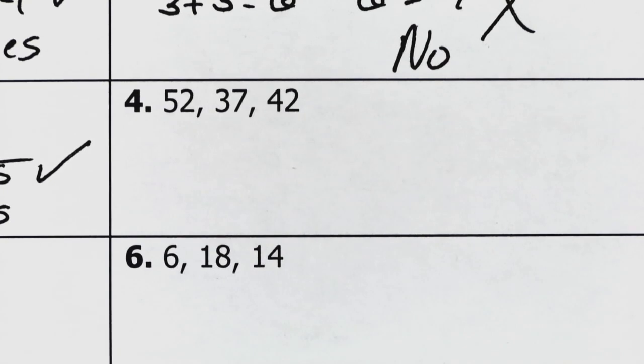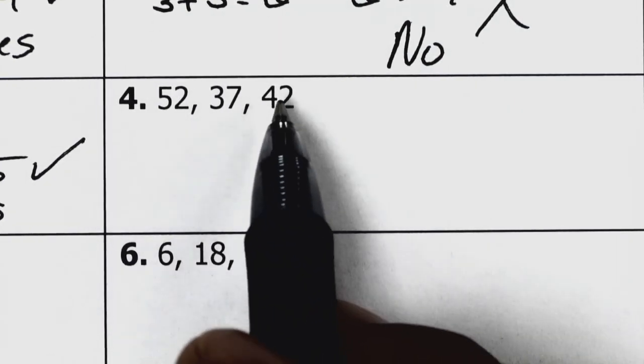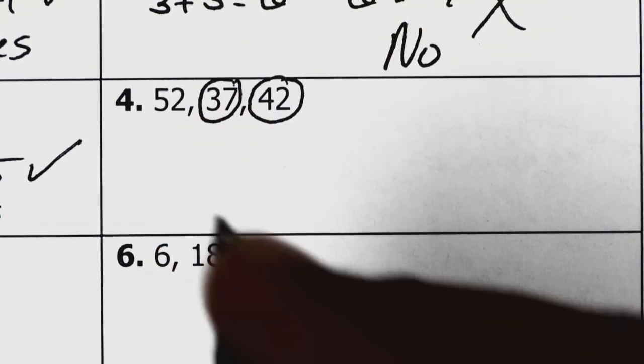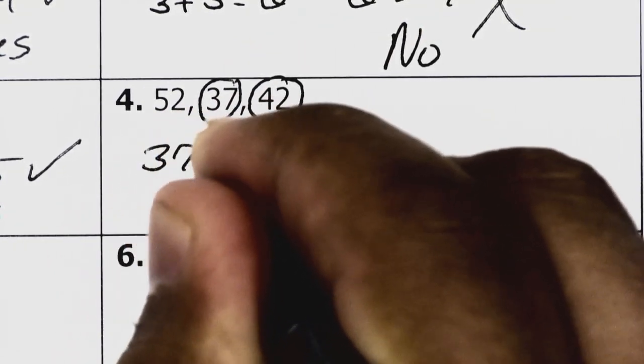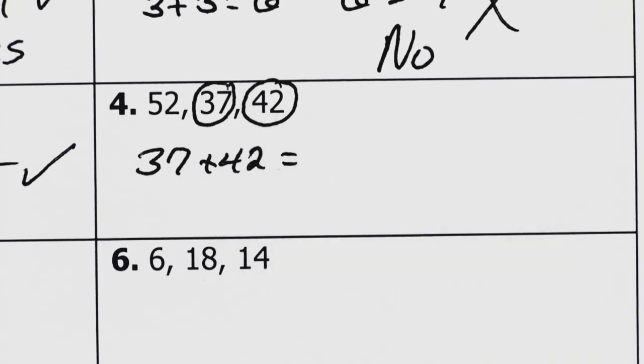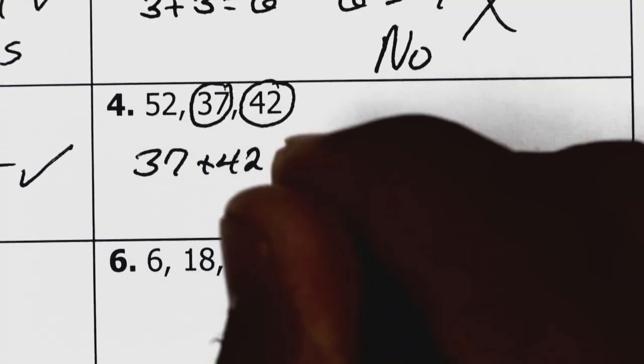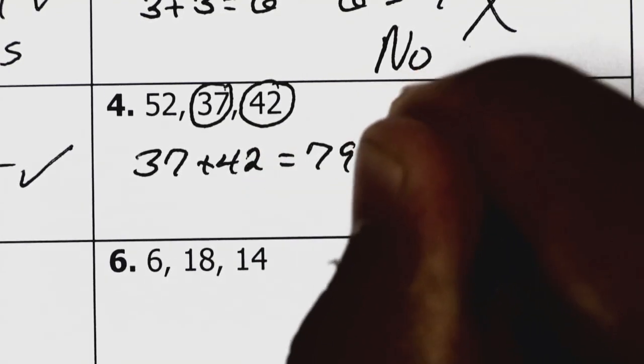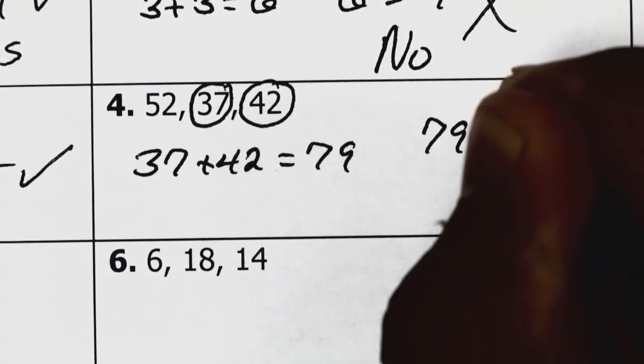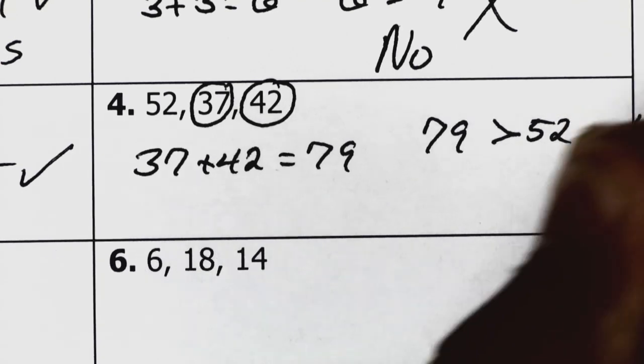All right, number 4, 52, 37, 42. So 37 and 42 are the two small numbers, so those are the numbers I'm going to add together. So 37 plus 42 gives me 79, and then 79 is greater than 52, so this is a yes.